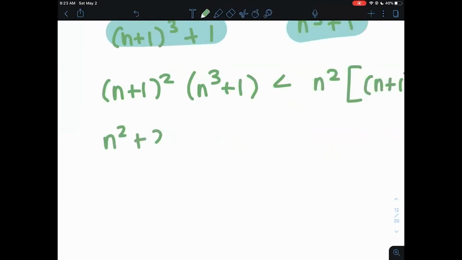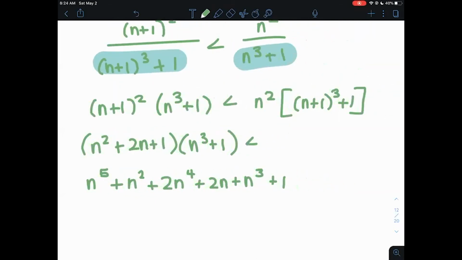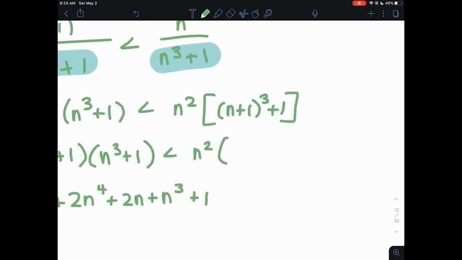We have n squared plus 2n plus 1 times n cubed plus 1. I'm going to go the whole way through this one first and get n to the 5th plus n squared plus 2n to the 4th plus 2n plus n cubed plus 1. And then over here, I have n squared times (n plus 1) cubed.